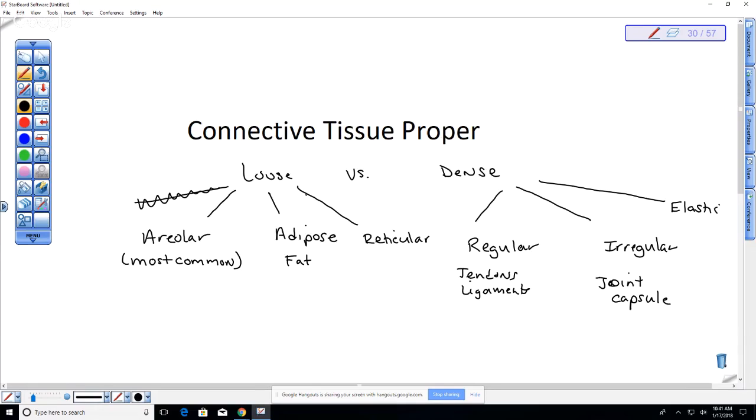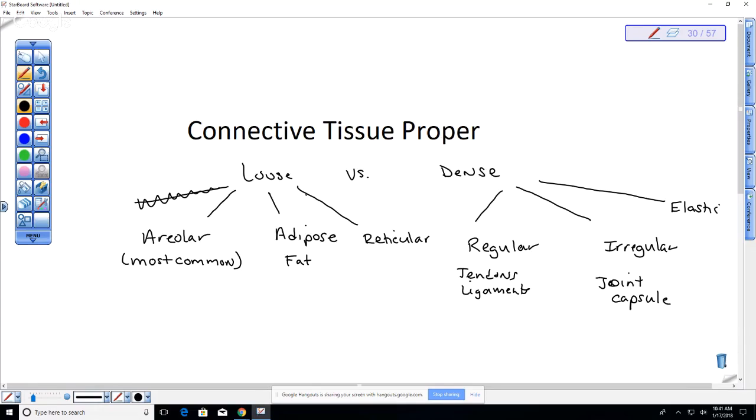But a joint capsule creates a space, because most of our joints are synovial joints. Most of them have a space, and the synovial fluid inside helps to lubricate the bones so that they don't grind against one another. So joint capsules would be dense.